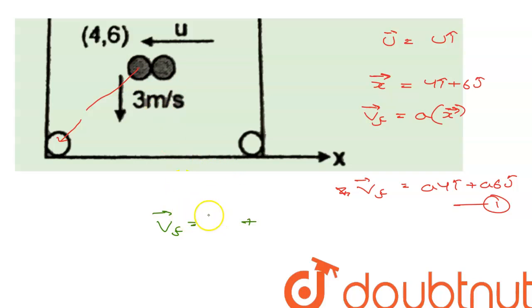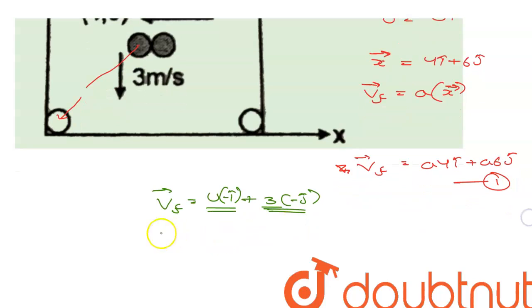So the new velocity should be u minus i cap plus 3 minus j cap. This was the velocity along the vertical that the coin already had, and this is the velocity that has been imparted to it due to the impact of the striker. Mark it as equation number 2.